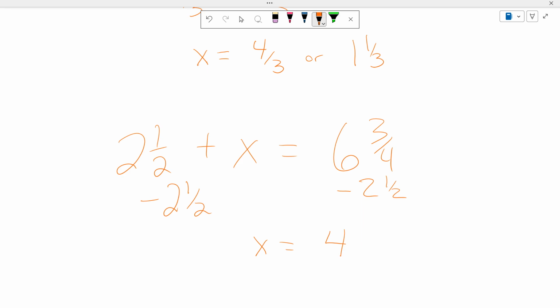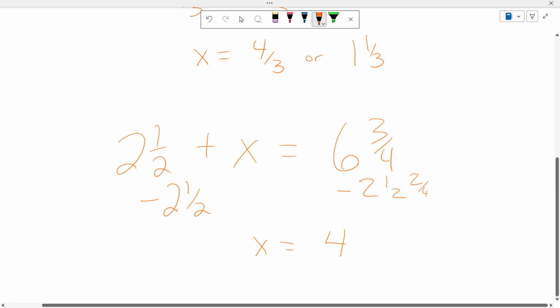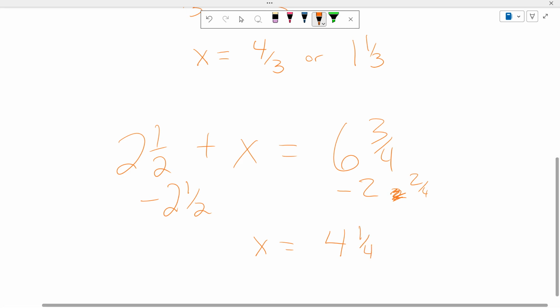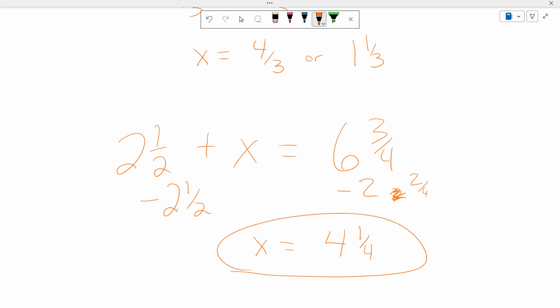You need to get common denominators. 3 minus 2 is 1, so it's 4 and 1/4. Thank you, Blake.